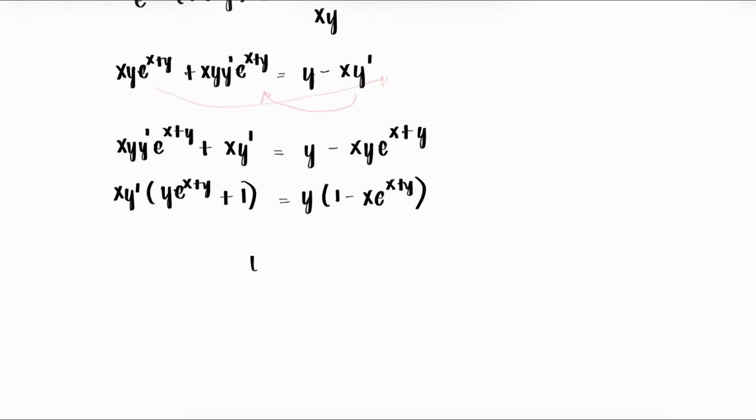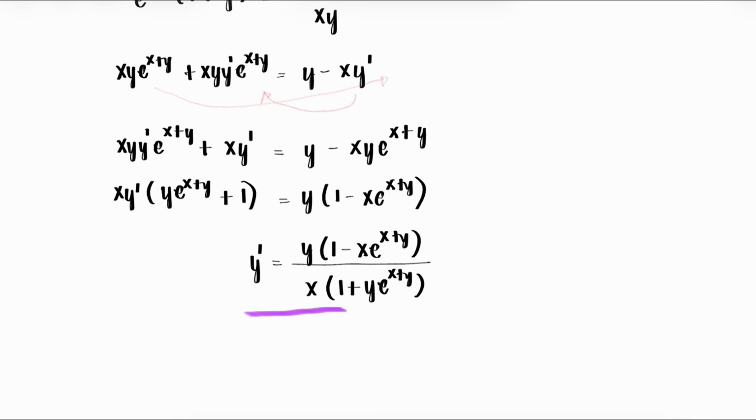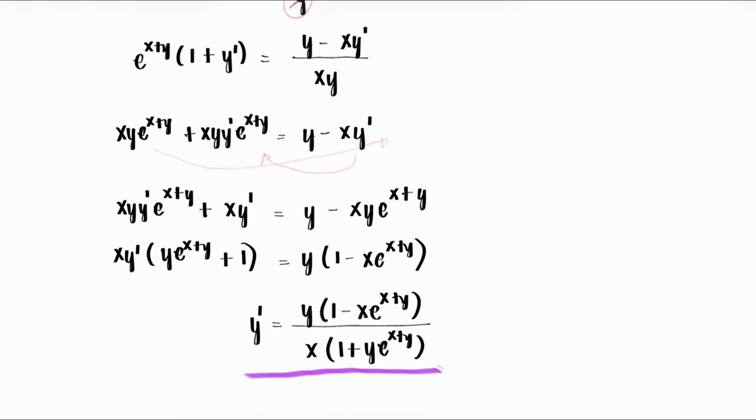So simplifying, y prime therefore is equal to y times 1 minus x e to the power of x plus y divided by x times 1 plus y e to the power of x plus y. So there are no common terms, so we cannot cancel out anything. So that is now our final answer for the derivative.